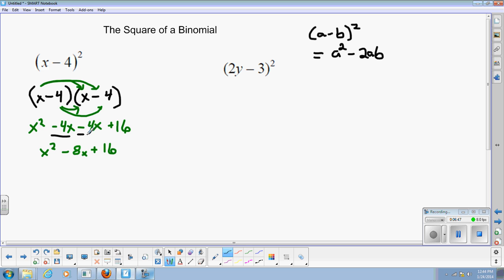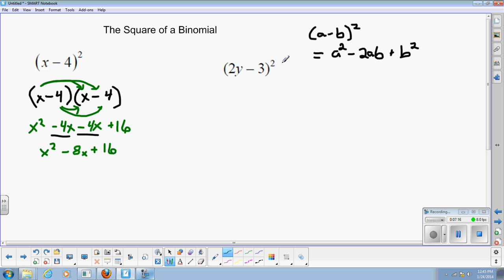Minus 4x minus 4x. And when you add those together, you get minus 8x. So if I do negative 4 times x times 2 gives me a minus 8x. It will follow this pattern right here. And then lastly, you will have plus b squared, or the last term squared. And if I do negative 4 times negative 4, that will give me positive 16, which I have right here at the end.